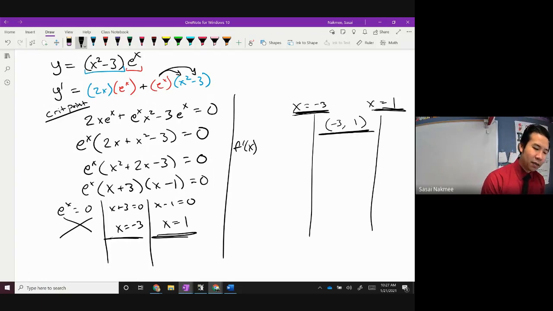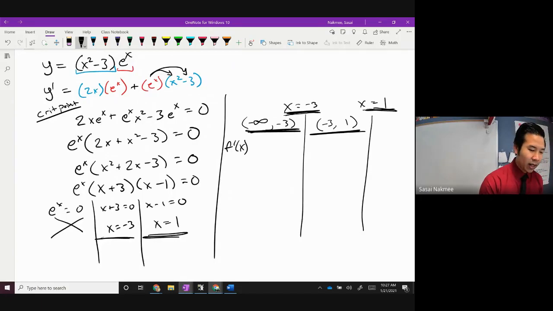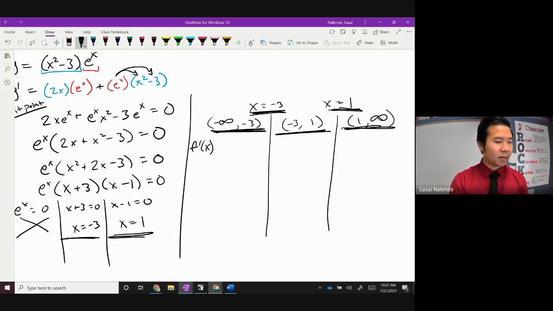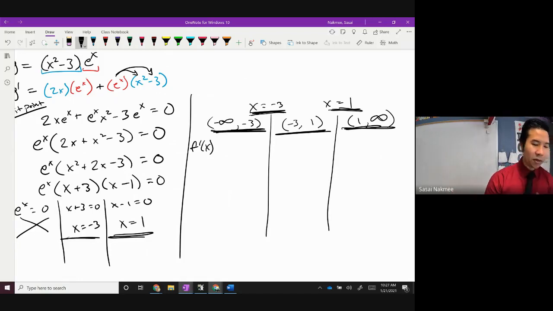Everything to the left of negative 3, I can go up to negative 3 but not include it, and pick anything else that's less than negative 3, which means the interval is from negative infinity to negative 3. I can pick any number I want from here to test this one. Same thing can be said over here. 1 is the lowest possible point, but it doesn't include it, and I can pick any number that's bigger than that. So these are the intervals that I'll be dealing with: negative infinity to negative 3, negative 3 to 1, and then 1 to infinity, right?